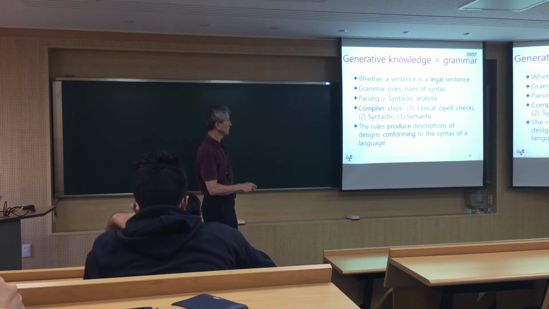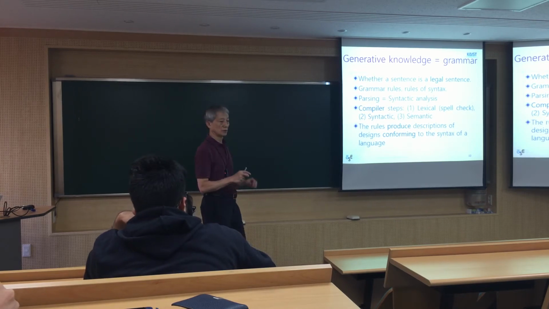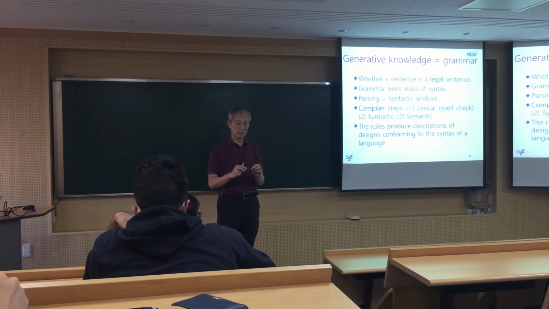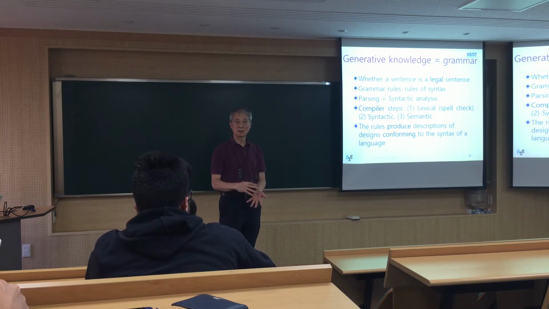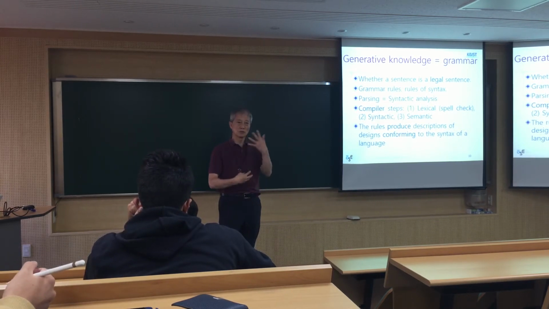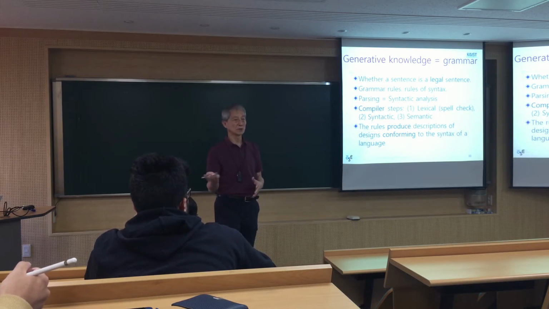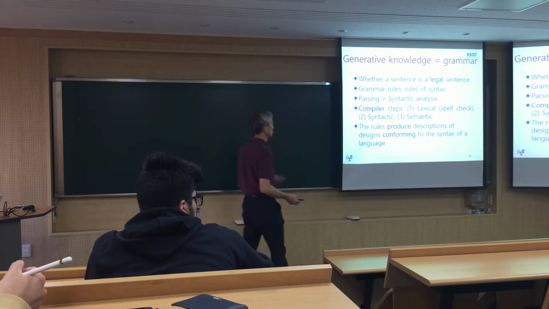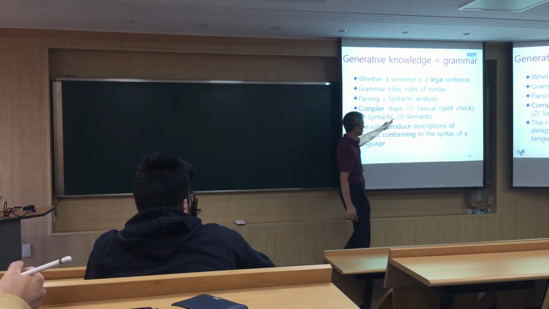So lexical, syntactic, and the final step is semantic analysis. You should find what the meaning of that programming sequence contains. It is an if-then-else, or a do loop, or a branch, or something like that. Then after that we can do some work.